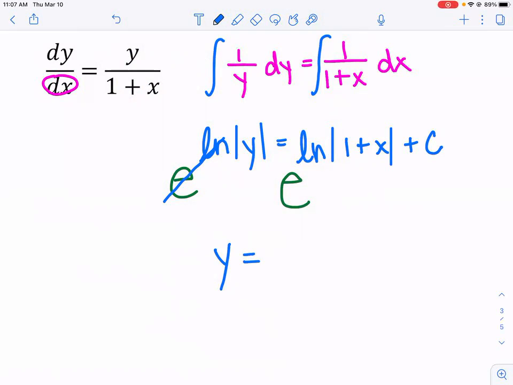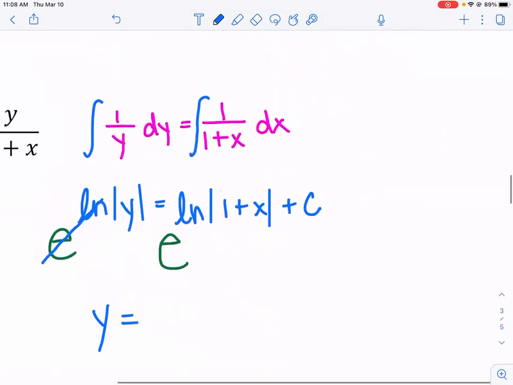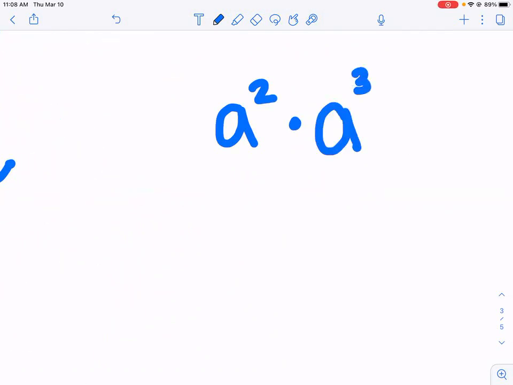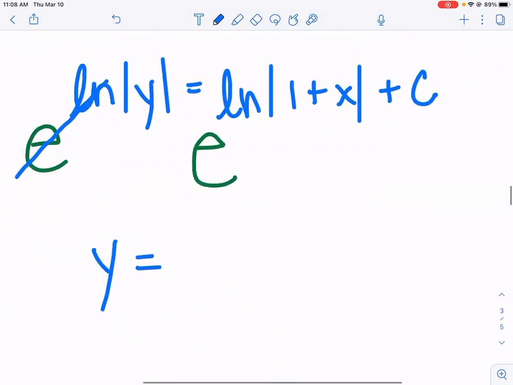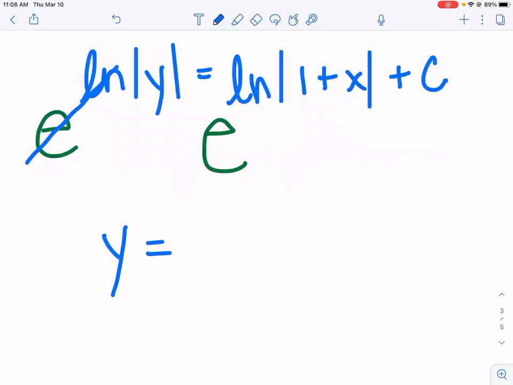Okay, now, side note. a squared times a cubed equals a to the 5th. I cannot cancel out this e and this natural log because we have this plus c right here.